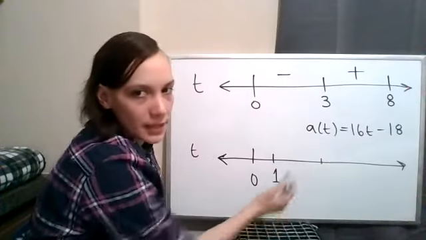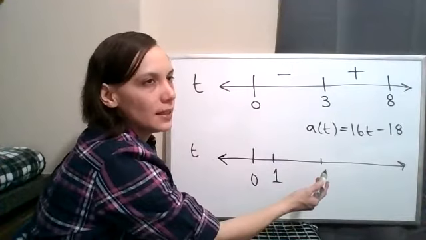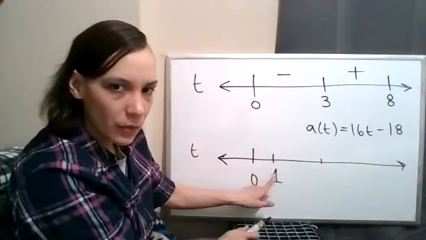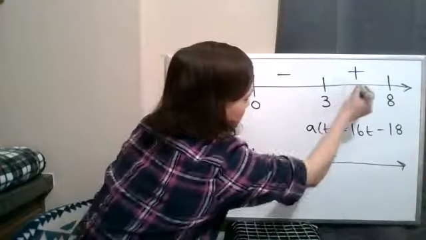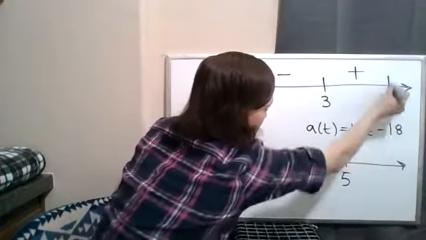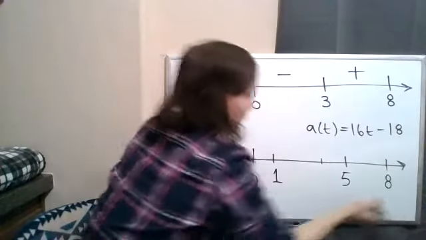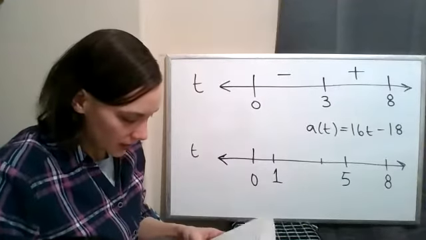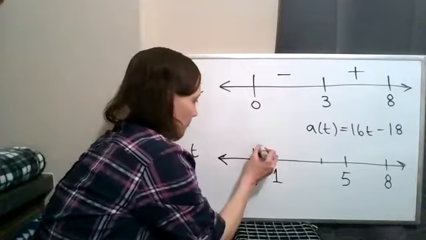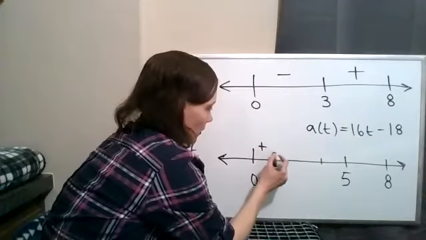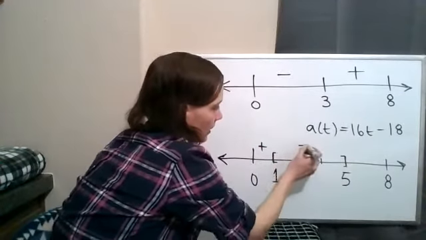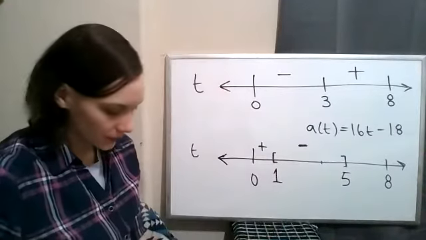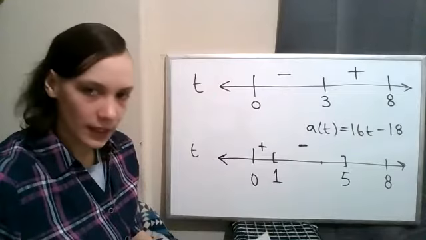I'm going to put a mark for 3, but it's mostly so they can match this graph to that graph. But really here, we're labeling 1, 5, and 8. We did the signs last time. From 0 to 1, it was positive. From 1 to 5, negative. And 5 to 8, positive.